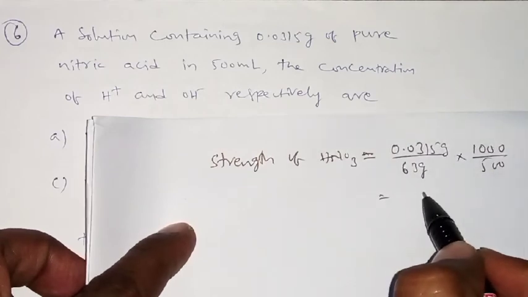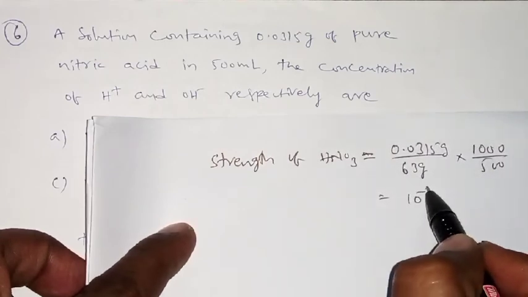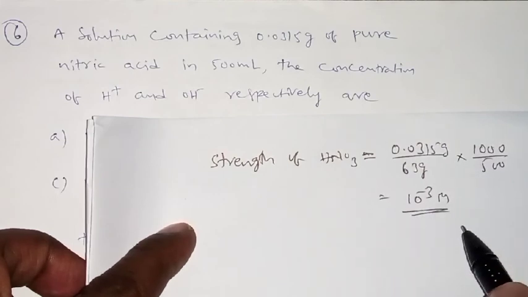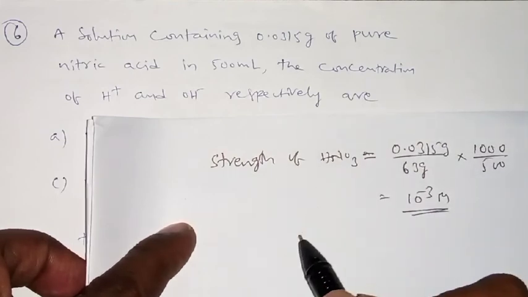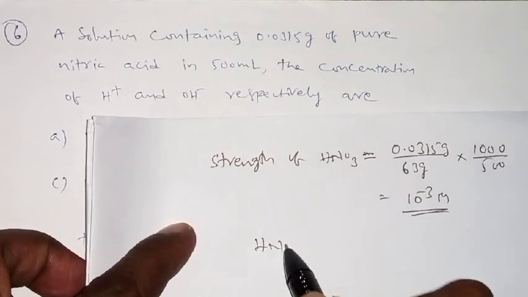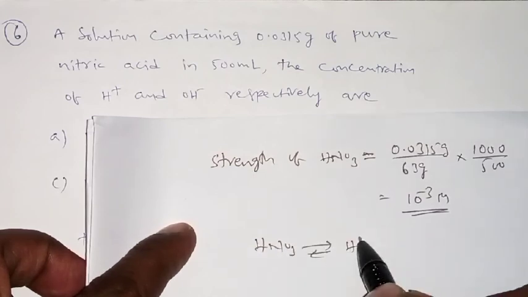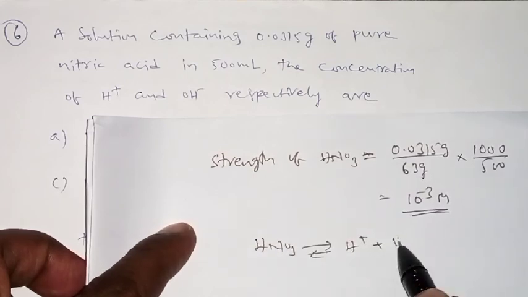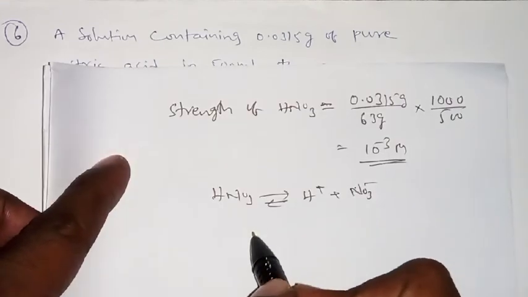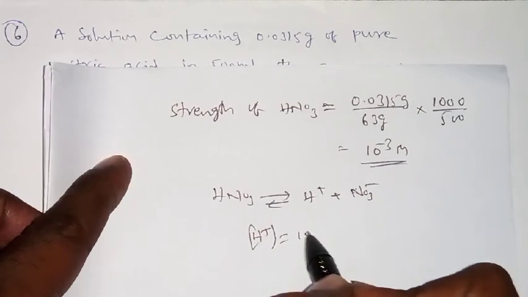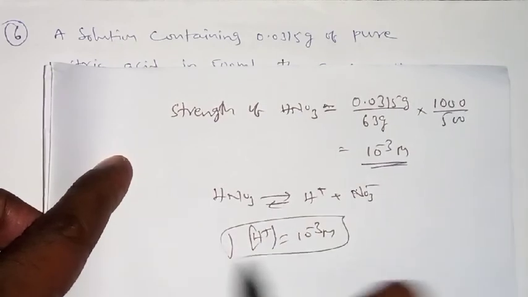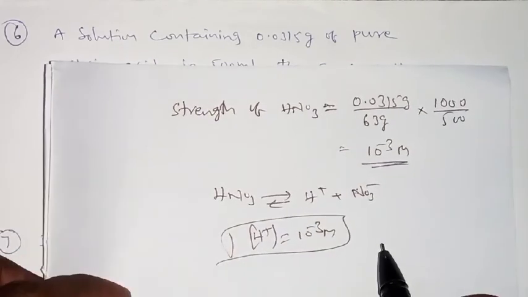So if you simplify you will get 10 power minus 3. So this is the strength of HNO3. That means in HNO3 how many H plus ions are there? 1 H plus ion. So H plus plus NO3 minus. That means H plus concentration equals 10 power minus 3 M. So by the given data you got the H plus ion concentration.